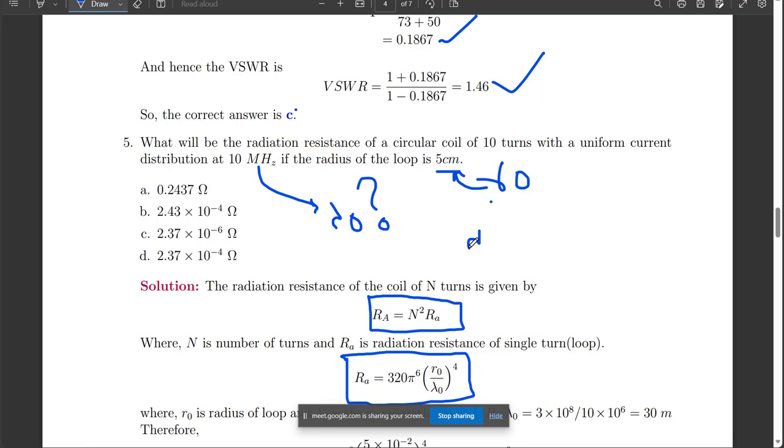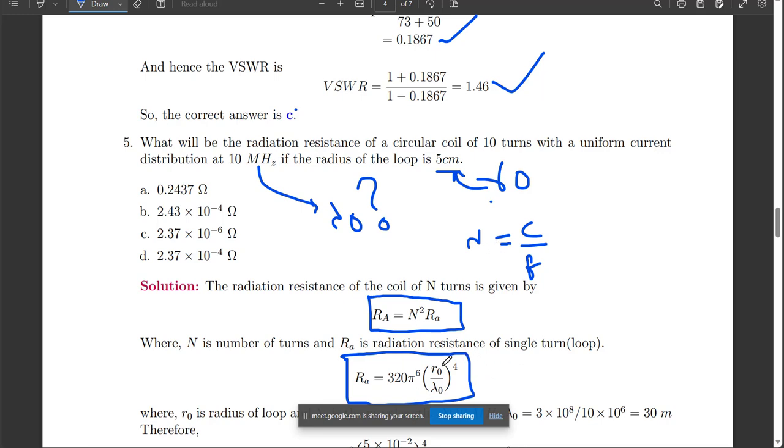Lambda is equal to C by F. F is how much? 10 megahertz. You know the value of C. Will you be able to find out the value of lambda? It's a pretty simple arithmetic sum.